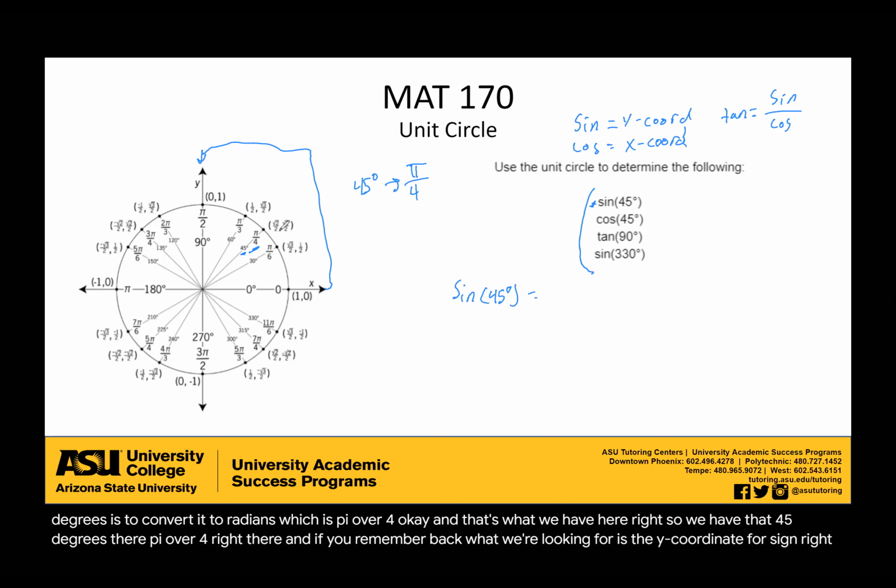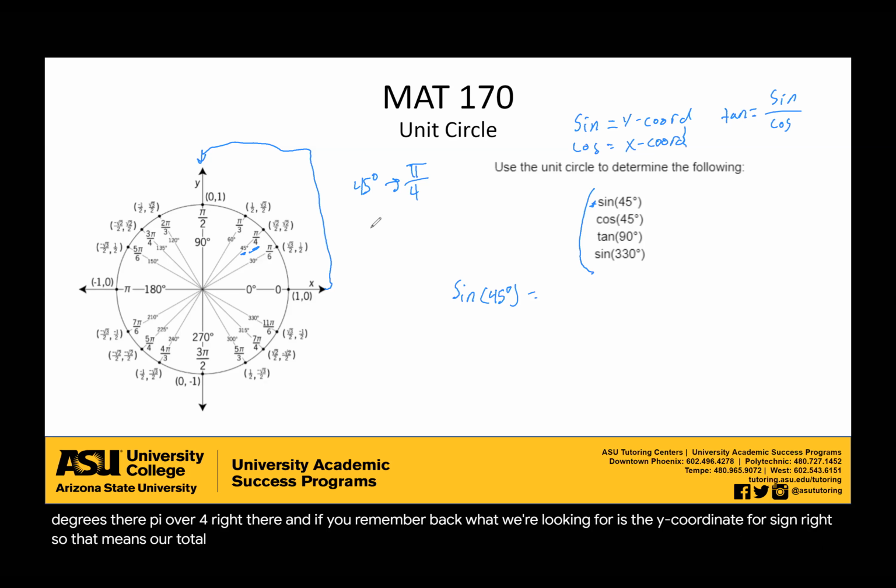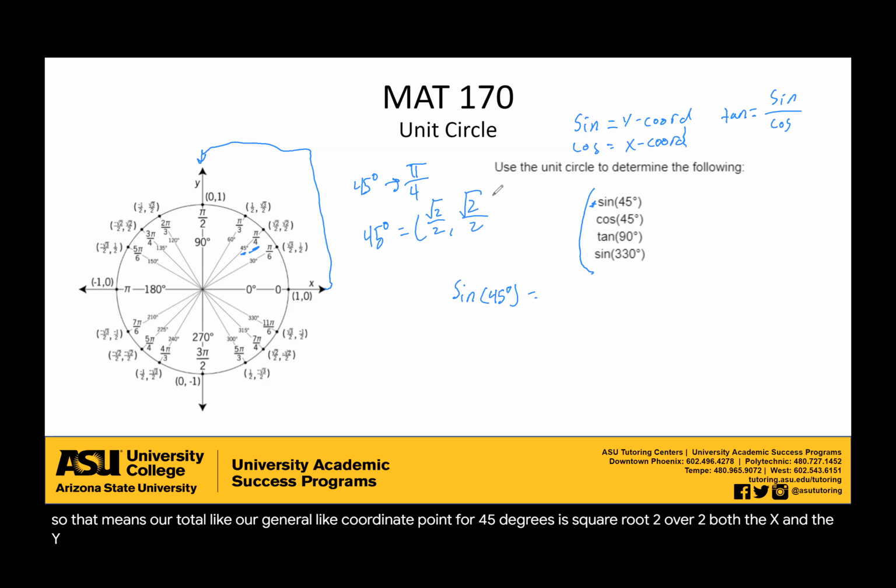So our general coordinate point for 45 degrees is square root 2 over 2 for both the x and the y. For the y, we're just going to take this, and that's going to be our answer.